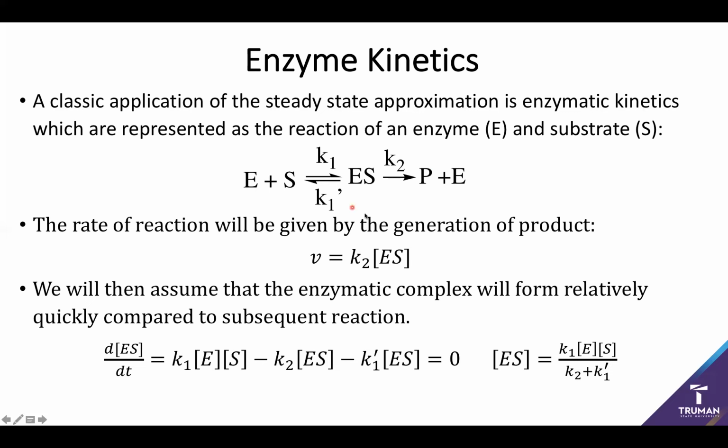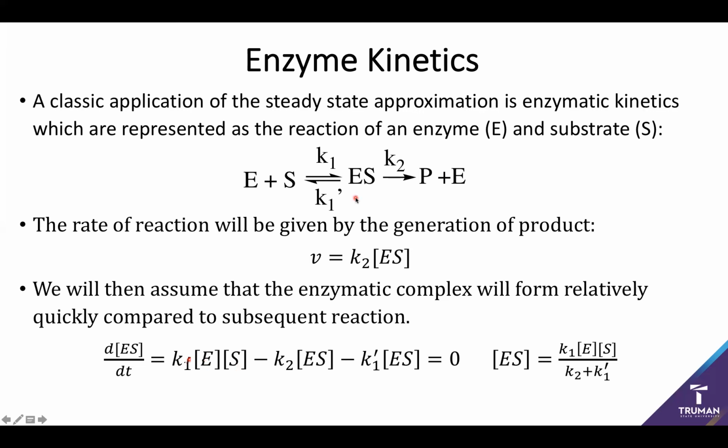So using the fact that the steady state approximation will be fairly robust in this model, we can essentially generate a form for the change of the enzymatic complex, with one possible route to production being the forward reaction, which is dependent upon the forward reaction constant and the concentration of both the enzyme and the substrate.